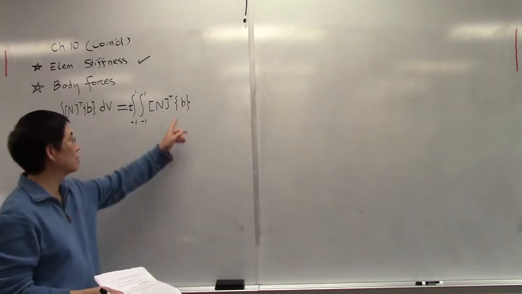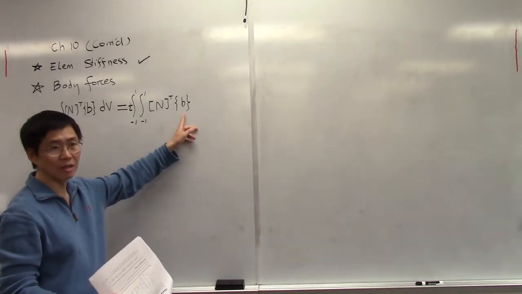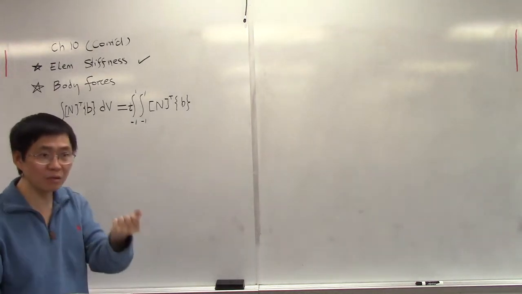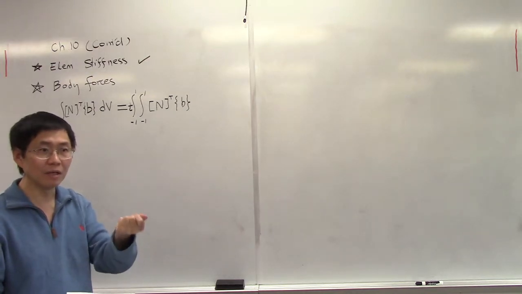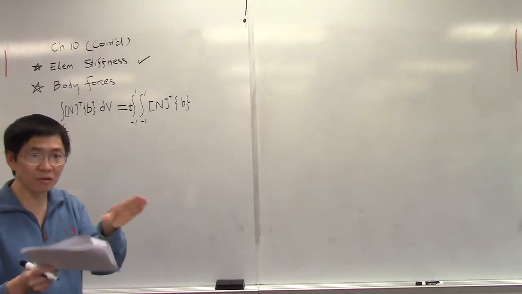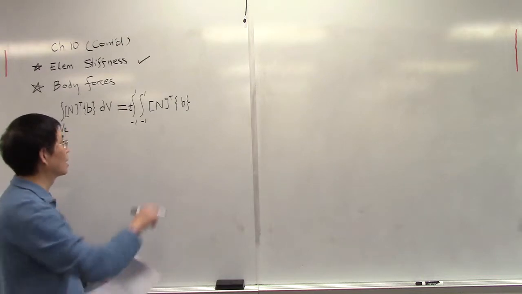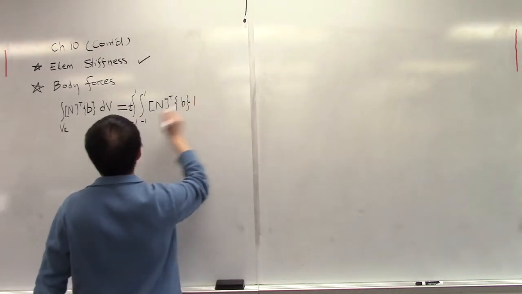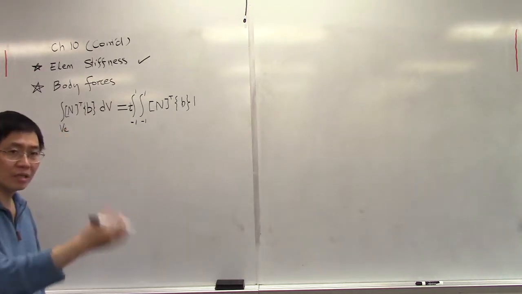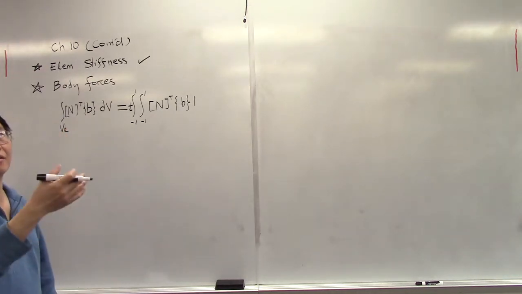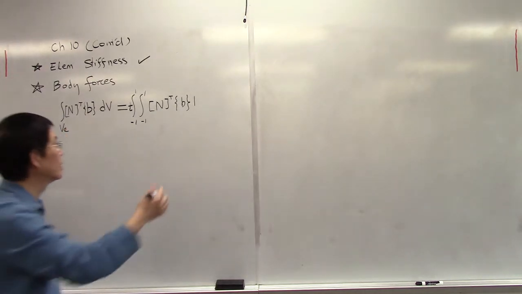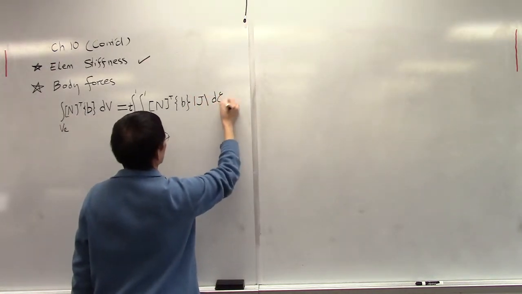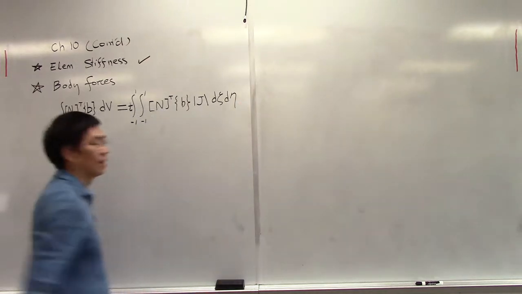And a lot of times this body force may be just a constant, because like the weight per unit volume of material, if the structure is uniform, it will be a constant. And then dV, to translate into natural coordinate, we will have a Jacobian J, and then d theta d eta.